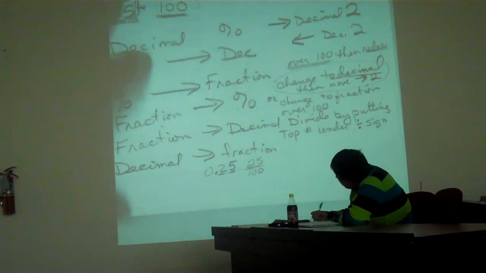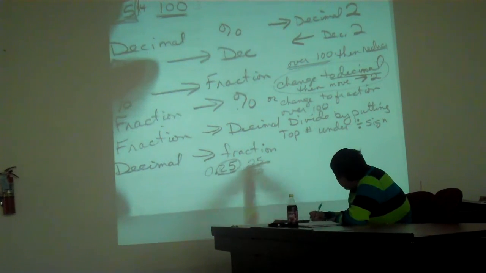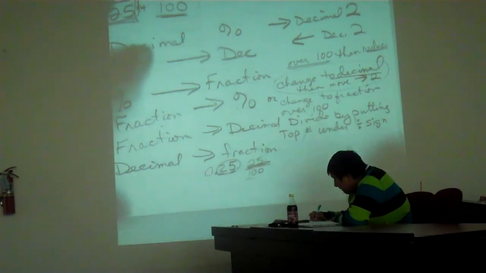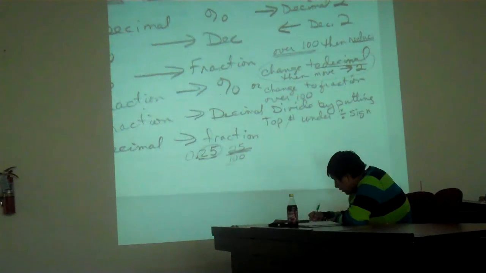So put the number that follows the decimal over the place value. So you can put that into words. Put the number that follows the decimal on top, the place value, which is hundredths, that goes at the bottom.